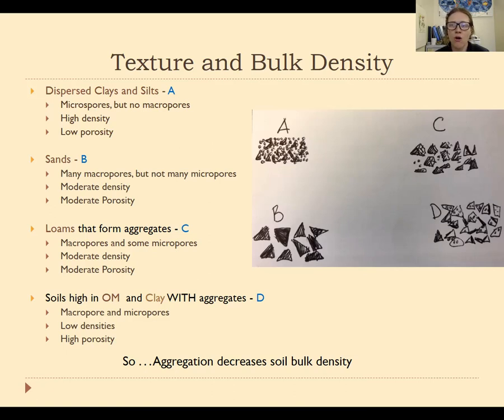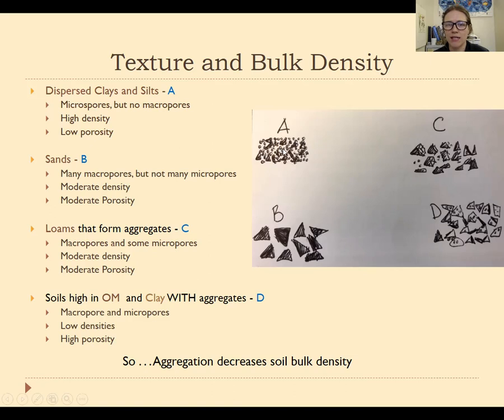So the more soil aggregation you have, the lower your soil bulk density is going to be. That's something to keep in mind. At first, some people might think, oh, well, clay particles can all fit together really well because they're so small, like in A. And that's true.